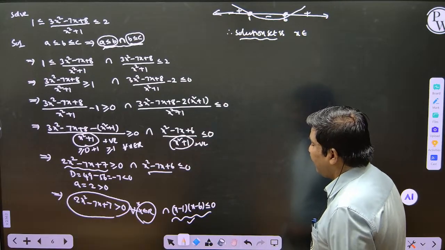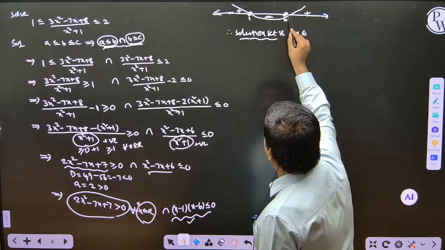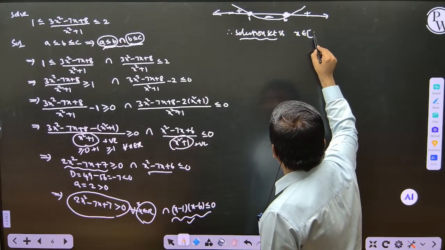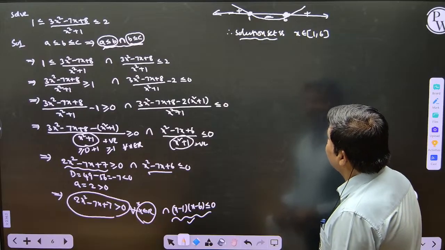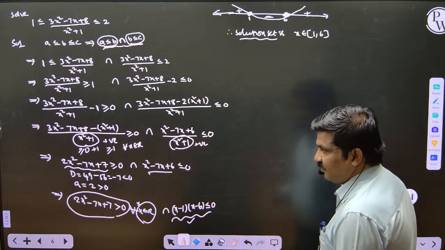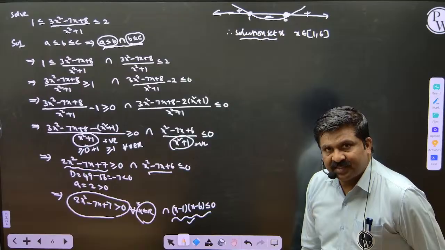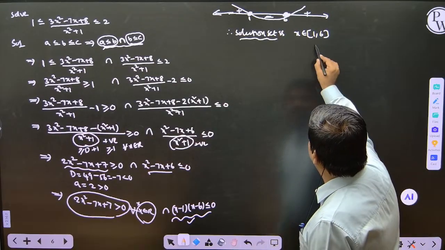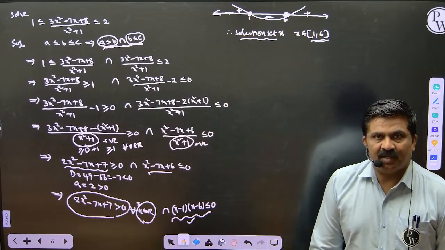Less than means the below part, equal means on the line. So we consider the closed interval [1, 6]. Between 1 and 6 it is negative, and at 1 and 6 it is 0. But anyhow you have closed circles, and closed circles mean you must include them. So the solution is x belongs to [1, 6].